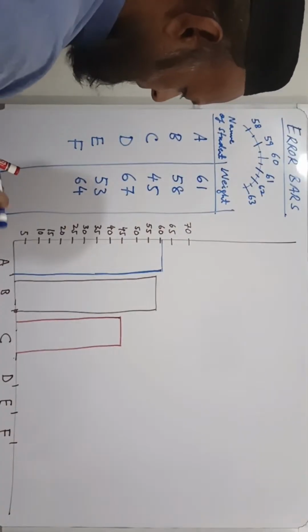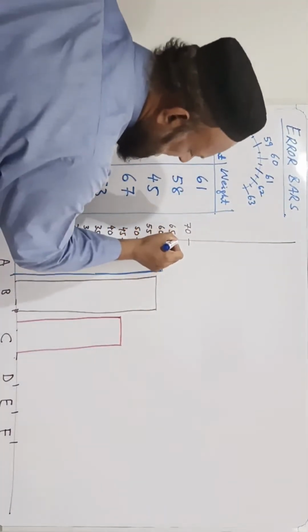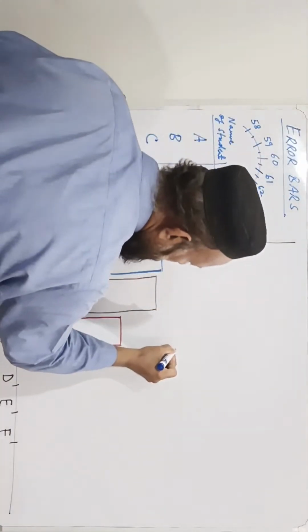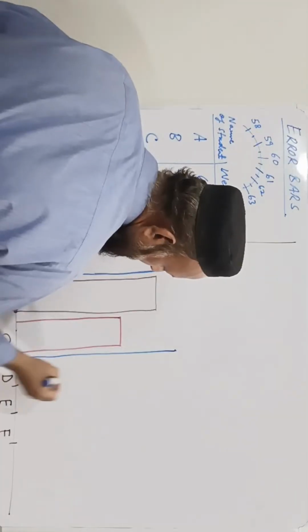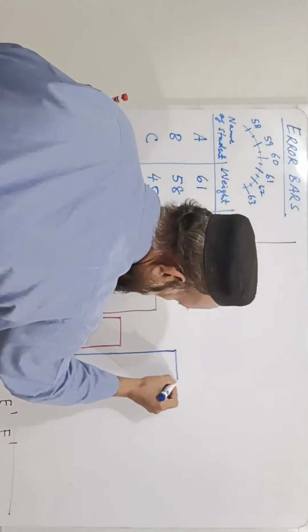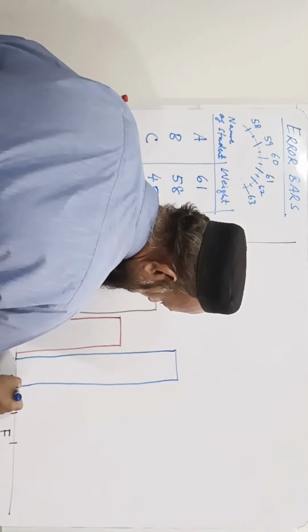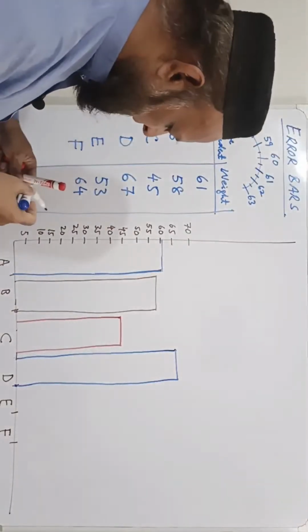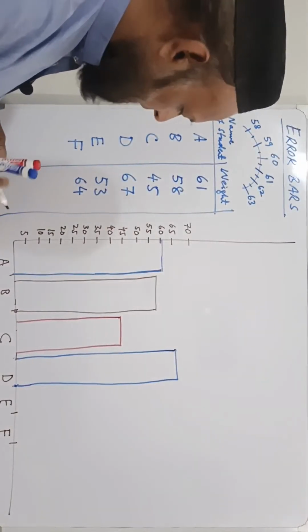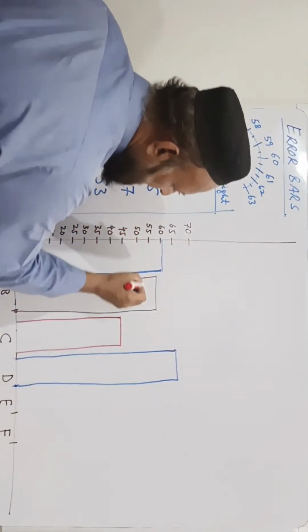Okay. So for D, the reading is 67. 67 is here. Move. This is 67. For E it's 53. So 53 is where? Here at some place, 53.